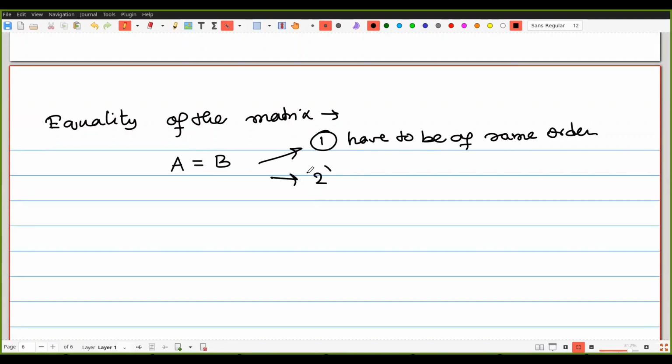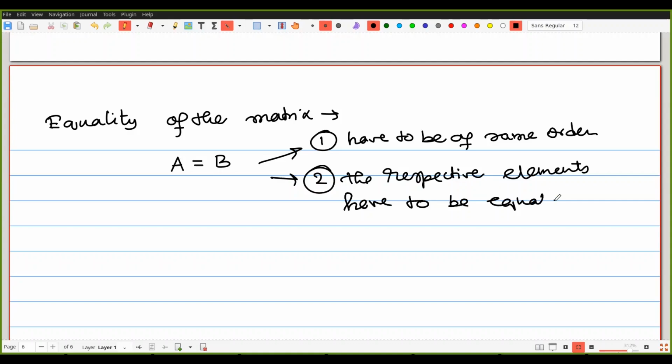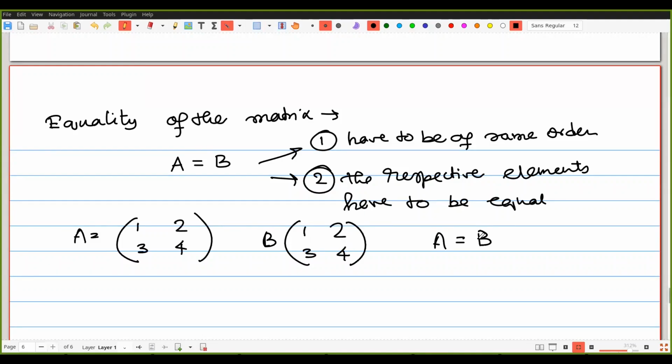Number two, the respective elements have to be equal. Suppose we have A is equal to 1 2 3 4 and B is equal to 1 2 3 4. So we may say A is equal to B, otherwise not.